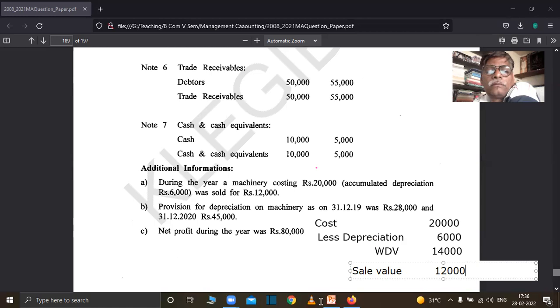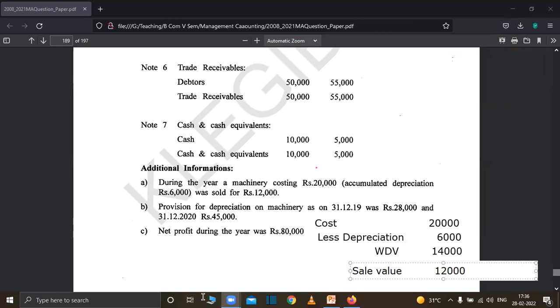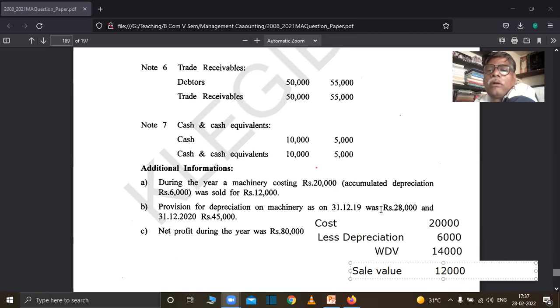Okay, so you have to prepare the machinery account by adding the provision for depreciation, and prepare the provision for depreciation account, then ascertain the real purchase and sale.